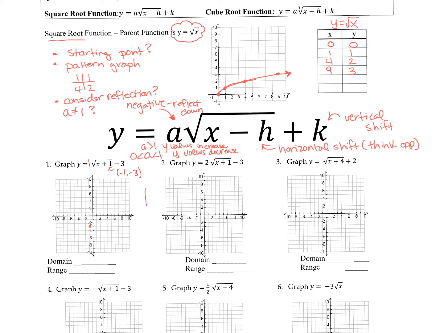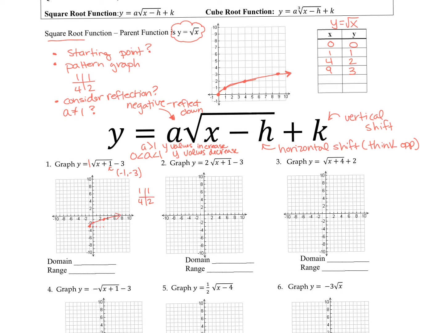Remember that if my a is 1, then my movements are 1, 1 and 4, 2. So let's do that. My movement, right 1, up 1, and my movement right 4, 1, 2, 3, 4, and up 2. Do you want to do 9, 3?